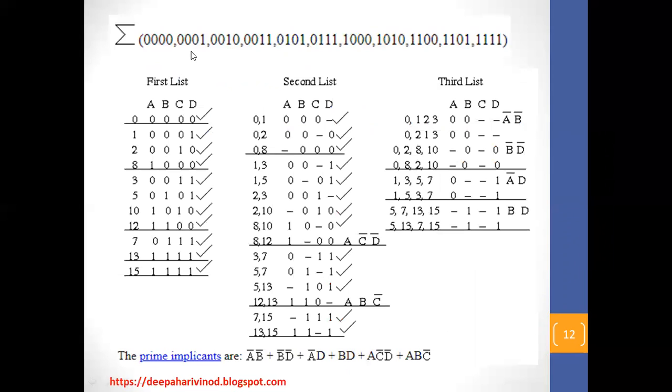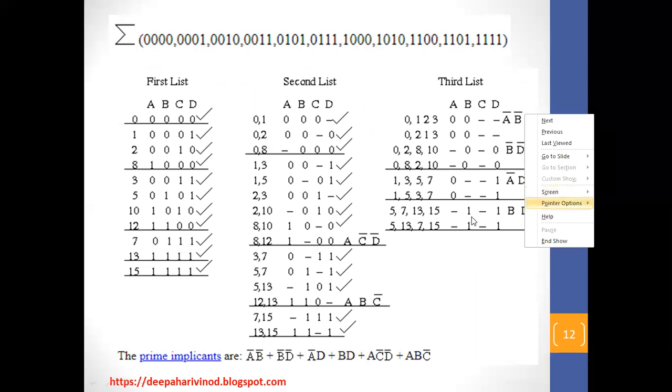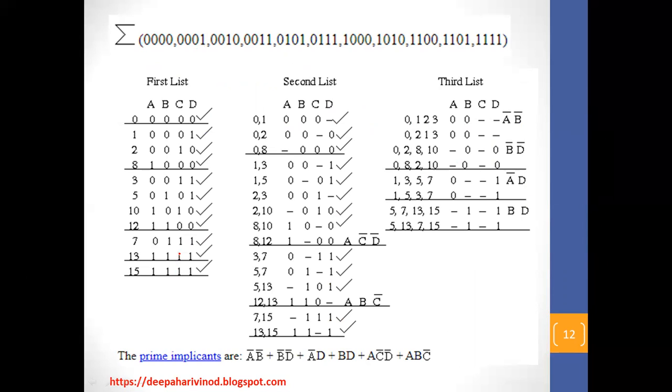Now, what is the first step? We need to compare. So first I have to compare this 0 with 1. Make a note over there, check whether it is possible to compare. Yeah, it is possible to compare. The last bit changes. So 0, 1 is compared.